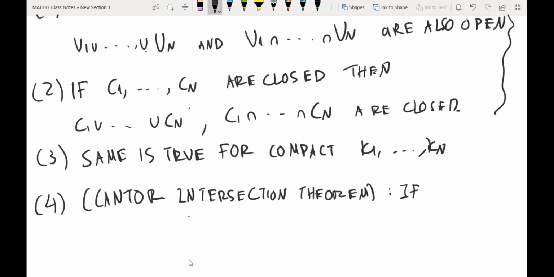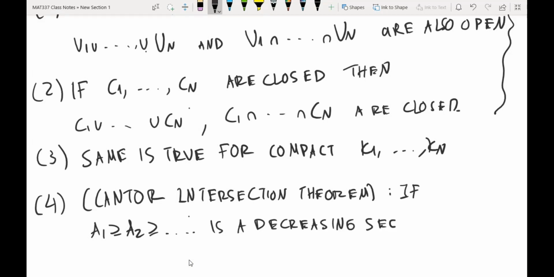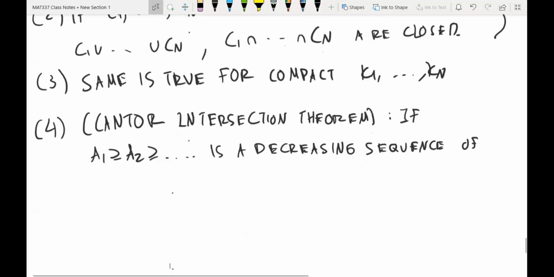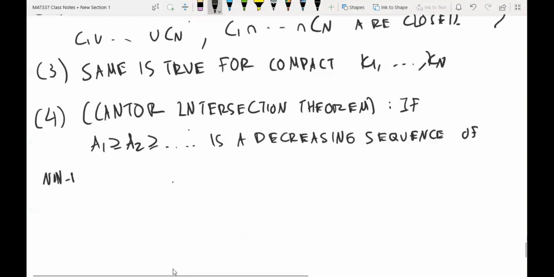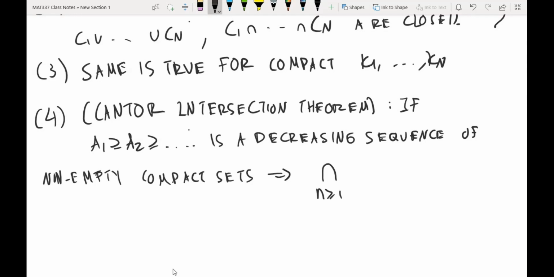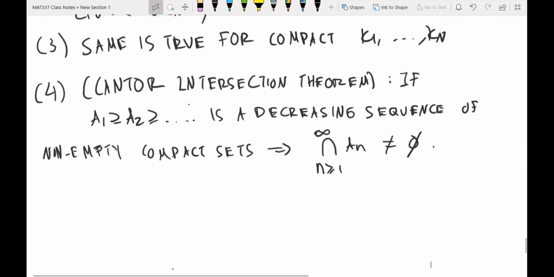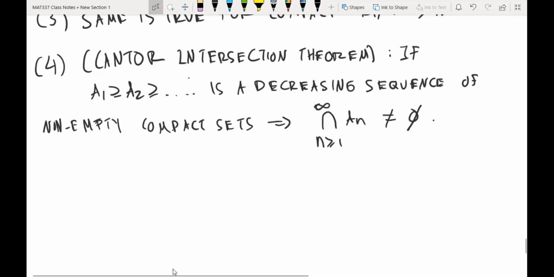So it says that if A1 contains A2 and so on, is a decreasing sequence of non-empty compact sets, then the intersection is non-empty.